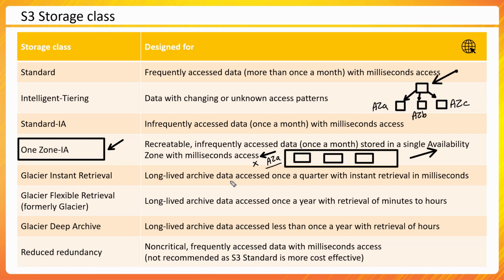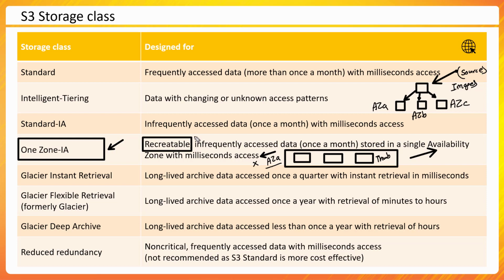So it depends. If I have some data which I can recreate, like I have images and I have generated thumbnails of them, I may store my images in the standard tier, but thumbnails I keep only in One Zone IA. In case this is not accessible, I still have my source data, and from those source images, I could again recreate thumbnails if need be.